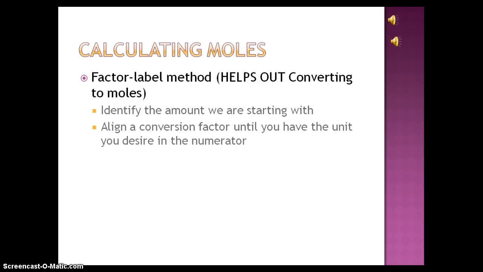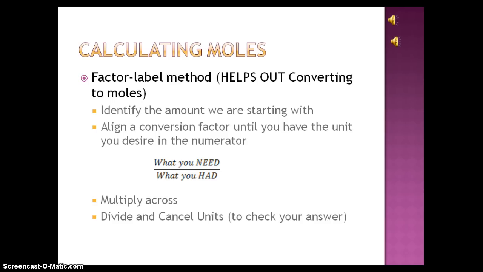The conversion factor will align with what you need in the numerator versus what you have in the denominator. After this, multiply across, then divide and cancel units to check your answer. Now for the remainder of this video, we will be using this method to help us calculate moles.